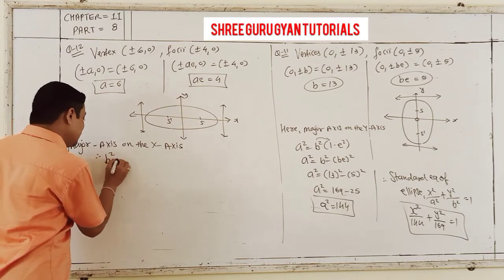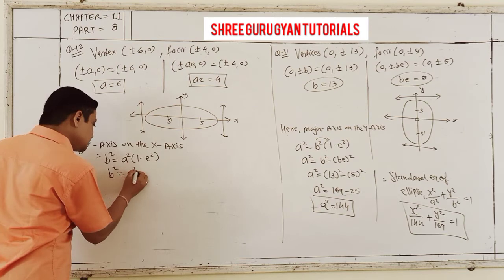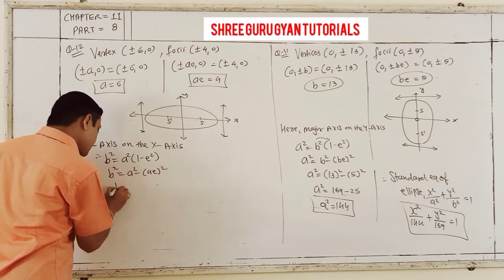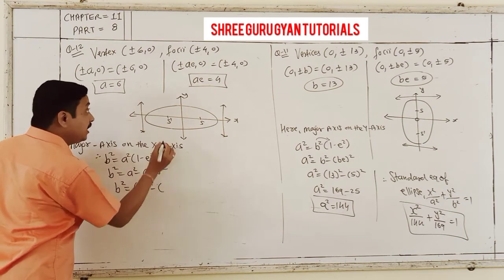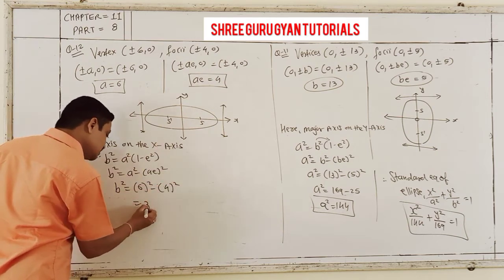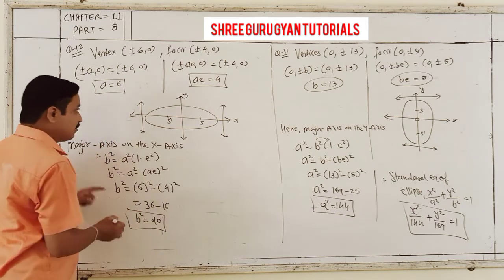b square is equal to a square into 1 minus e square. It is a square, a square e square. Now simple, put in your values for a 6 and ae 4. So 36 minus 16, you get 20. And both known.